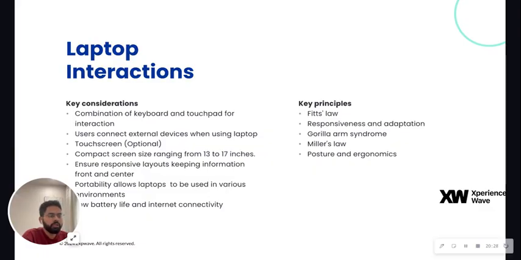So this portability may lead to more interruptions in regards to lighting, connectivity, as well as attention span. And since laptops are portable, there might be some concerns in regards to battery life as well, and internet connectivity too. So designs are supposed to avoid draining resources unnecessarily, such as making use of animations a little too often, which is not necessarily required if you are trying to consume less battery.